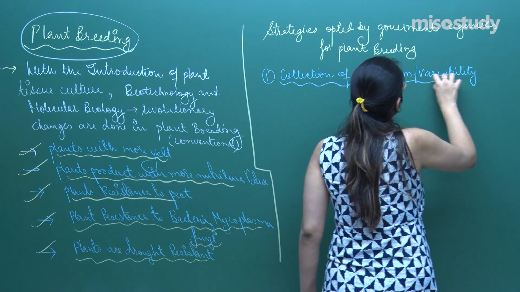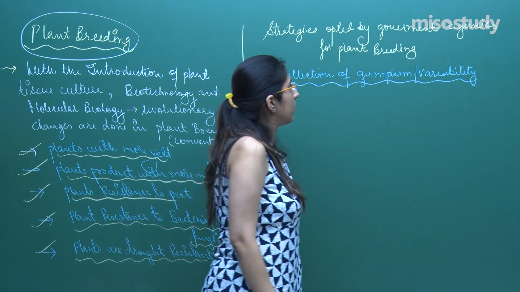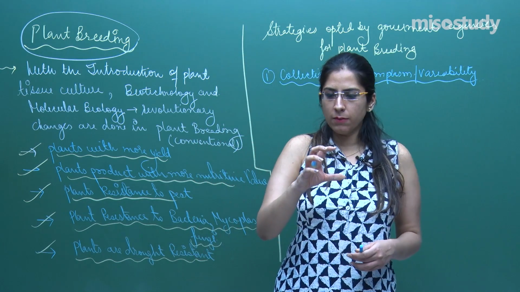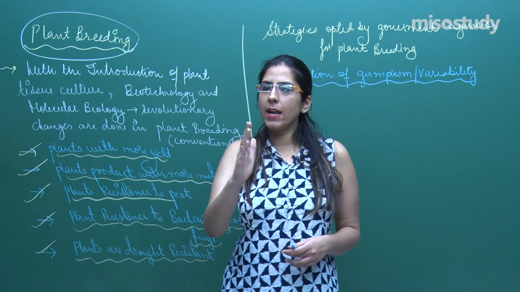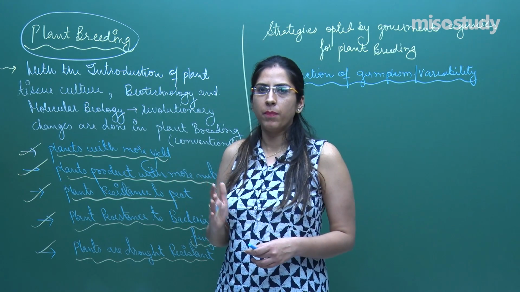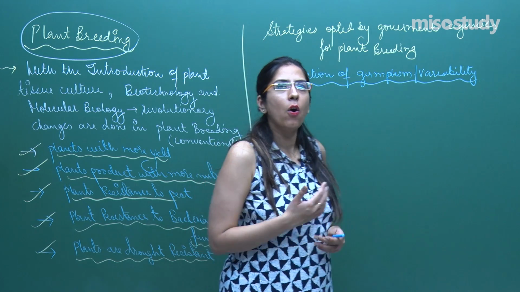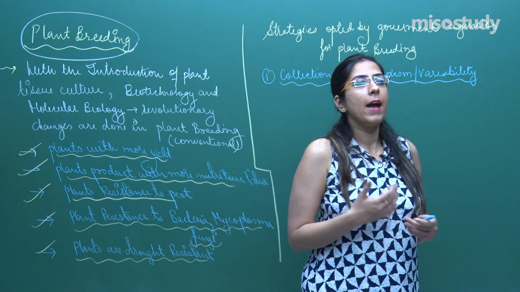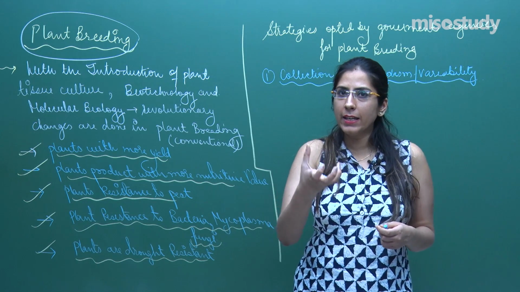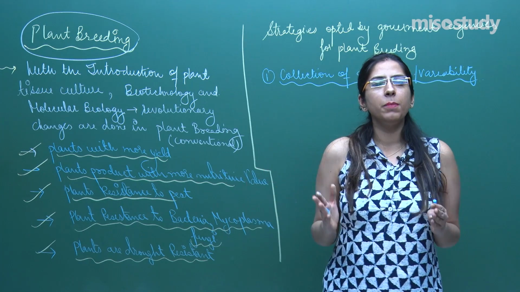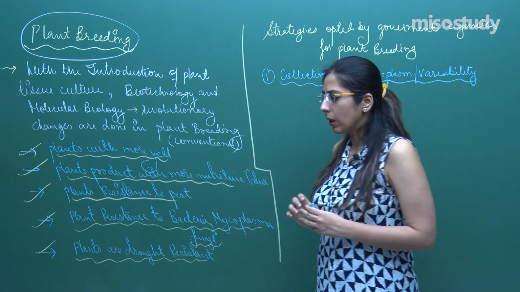Now, what does this collection of the germplasm or the variability mean? Suppose for one particular species, n number of varieties are available. So that is called their germplasm. That means I am collecting all the alleles of the gene. I am collecting all the alleles of the different genes which are there in those species. So that will be called a germplasm.